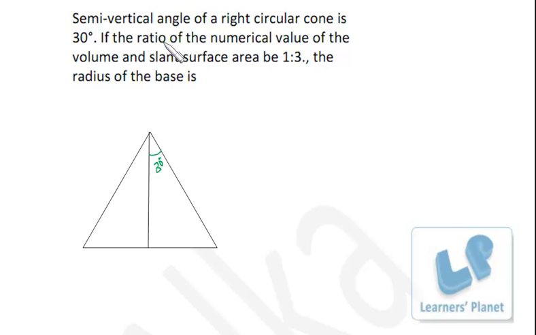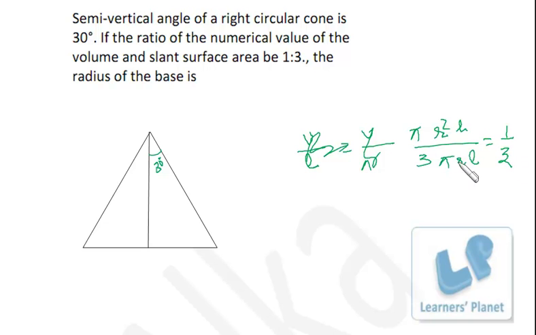Now the ratio of numerical value of volume and slant surface area is 1:3, precisely V by slant surface area, that is pi r square h by 3 upon pi r L, right? That is 1:3. Then we have to find out the radius of the base.